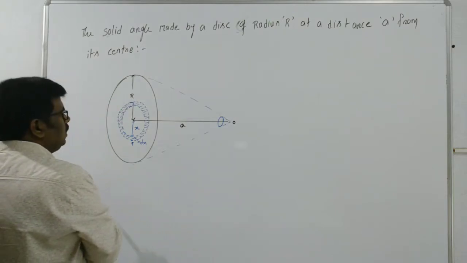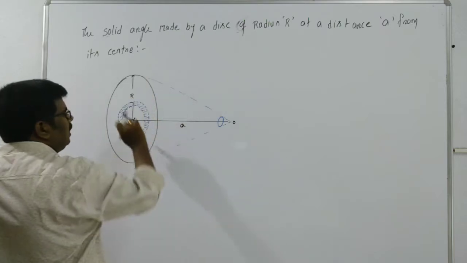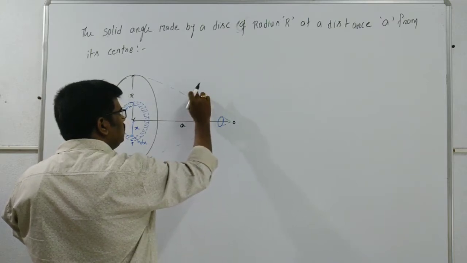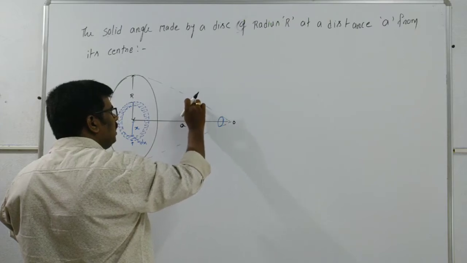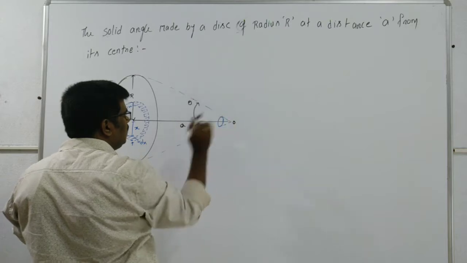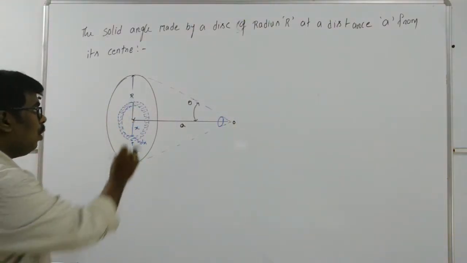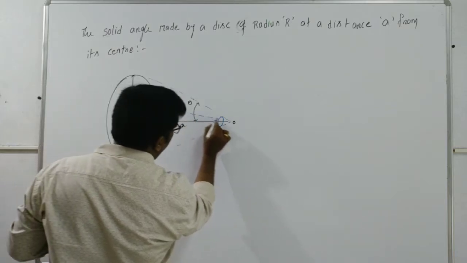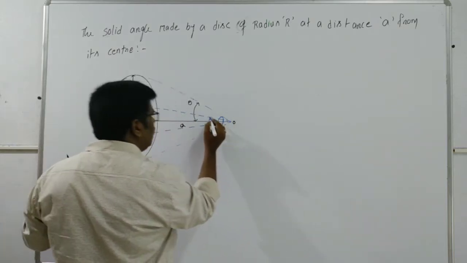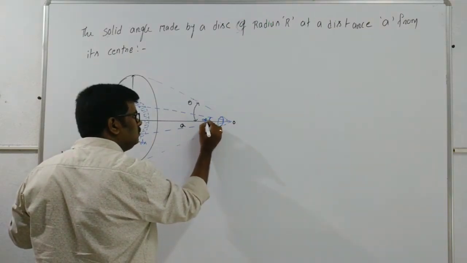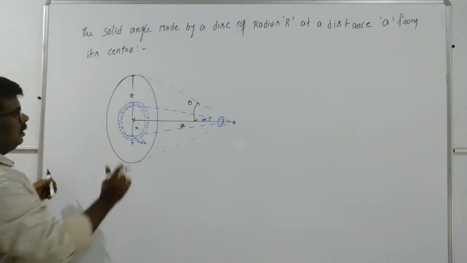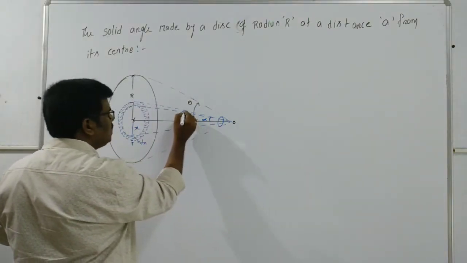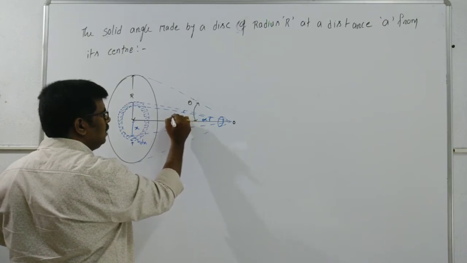If this entire disc makes an angle theta at the center, then this small part of the disc makes an angle alpha, and this outer part makes a slightly larger angle, so the small angle here is d alpha.